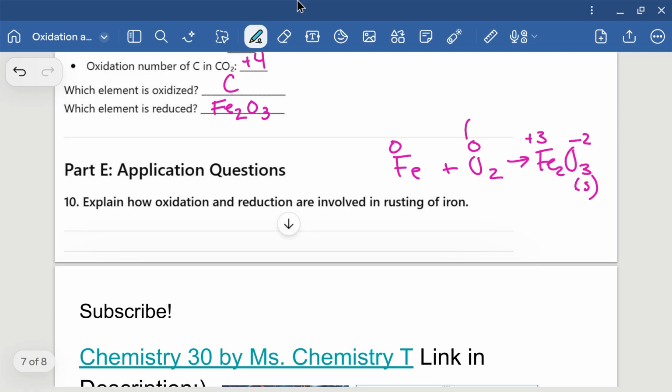So we see oxygen going from 0 to -2, so that is gaining of electrons. So for oxygen, it is being reduced, and your iron would then be oxidized. So the oxidation of iron is it being exposed to oxygen to make it go from 0 to +3.